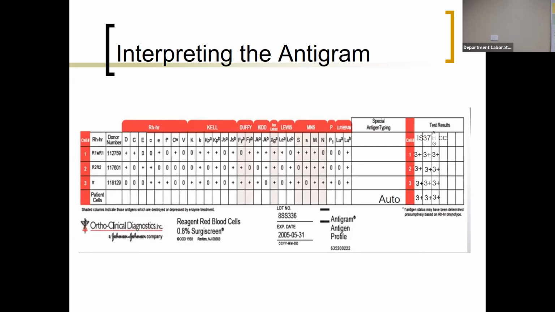This is the complication with patients that have an autoantibody. Everything is positive. Given that you have a positive auto control, what's your next step? DAT, very good. You would have to do a DAT on this patient. Given that his auto control is positive, there is something coating his red cells. We need to do a DAT to find out if it's IgG and/or complement.